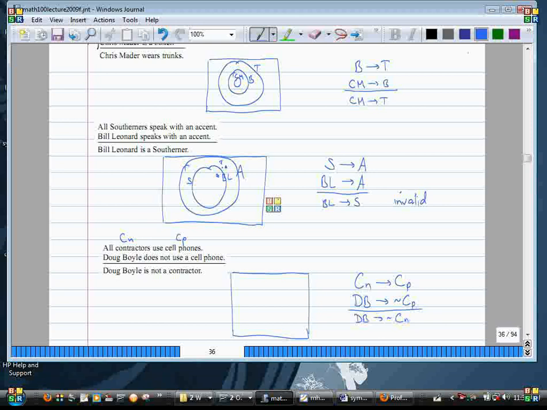Now, what does the picture look like? There's a little circle in the middle. There's contractors. And then cell phones outside.